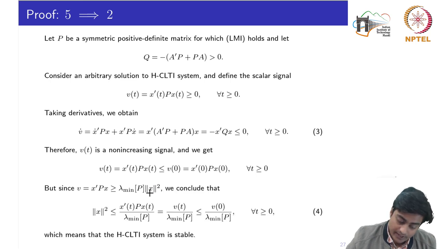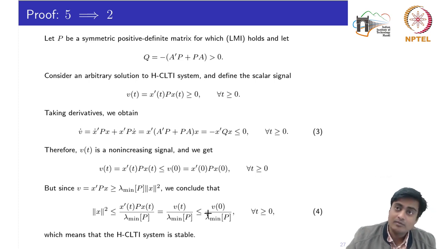I could write that norm of x squared is less than or equal to x transpose P x divided by lambda min of P. And this part is equal to V of t, and I know that V of t is less than or equal to V naught. So V of t is less than or equal to V naught, which means that the system is stable. It would never rise up. But it only proves that the system is stable. It does not yet prove that the system is asymptotically stable.